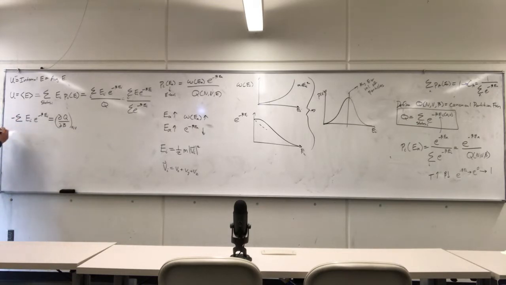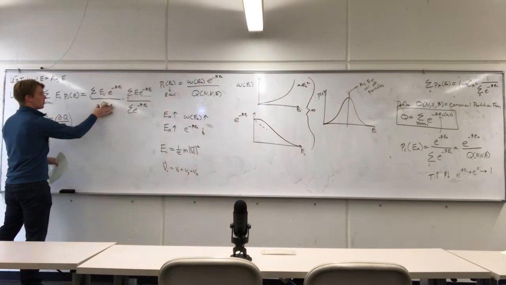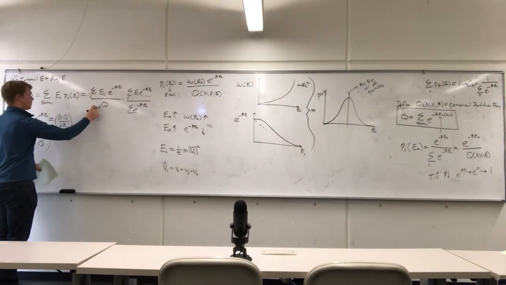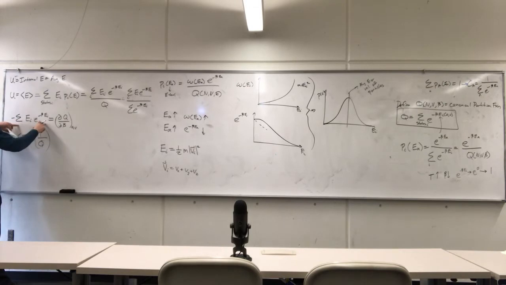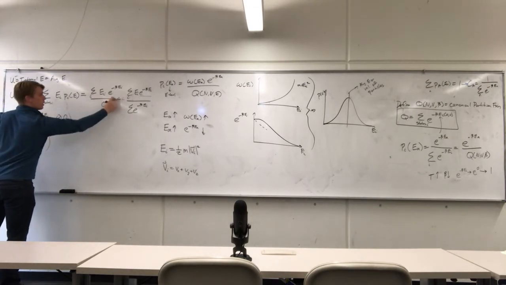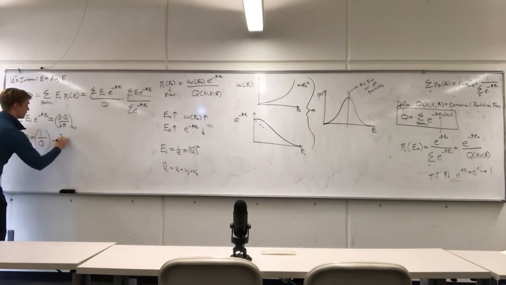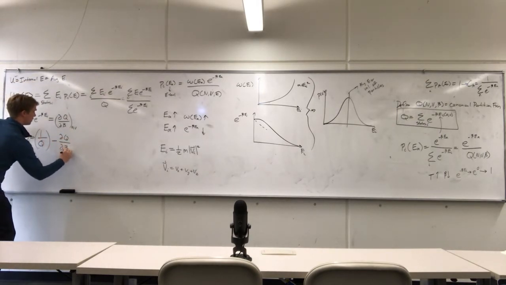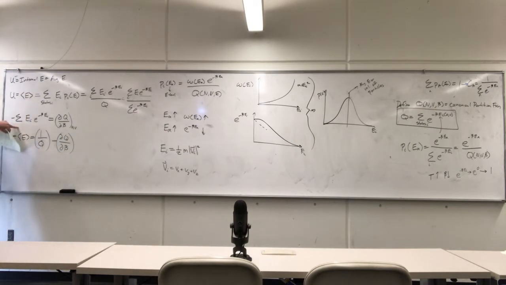So that means we can rewrite that the internal energy, which is the weighted average of all the energy states of the system, is equal to 1 over the partition function here, multiplied by the negative of the numerator, which is this big long one here, which is equal to minus the partial derivative of the partition function with respect to beta.